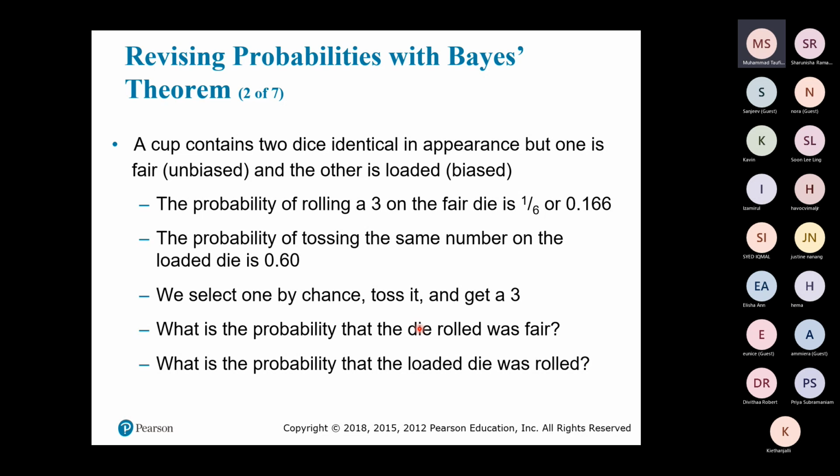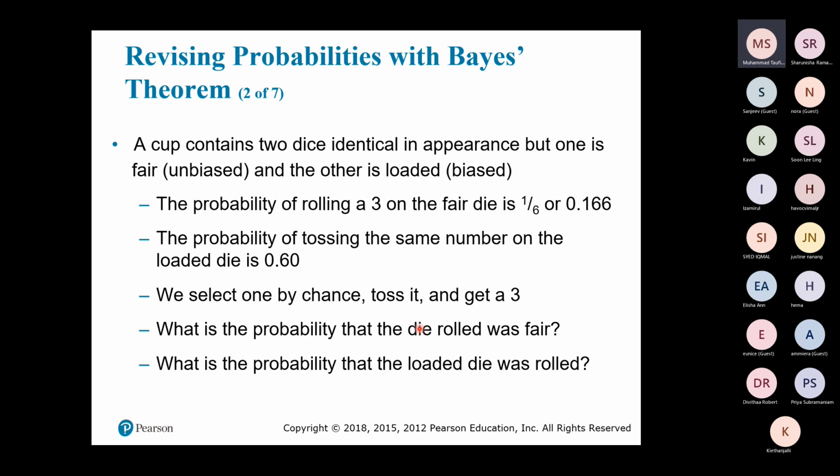The probability of tossing the same number on the loaded die is 0.6. For a modified die, if you toss it, the probability of getting a 3 is 0.6, so the probability is higher.